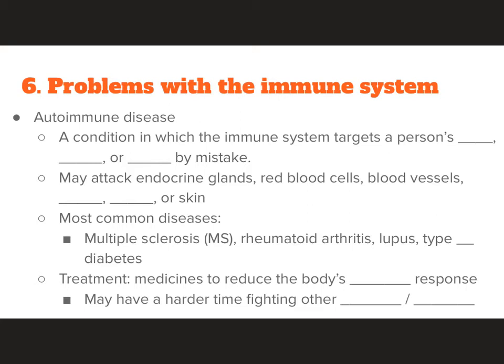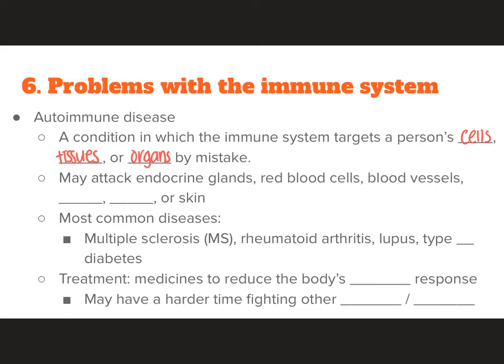First, autoimmune disease is a condition when your immune system targets the person's cells, tissues, or organs by mistake. In this case, the immune system can't tell the difference between the pathogens and what you already have in your body, as your cells or tissues or organs, so they start attacking them.